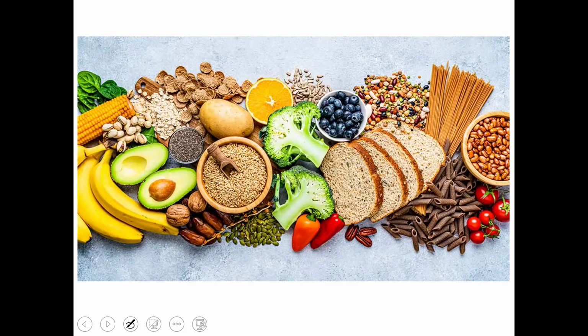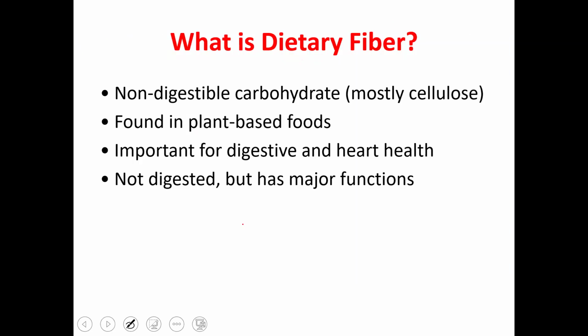So as you can see in this image, the image is full of vegetables, cereals, and a variety of fruits. So let's understand fibers. Dietary fiber is a type of macronutrient.